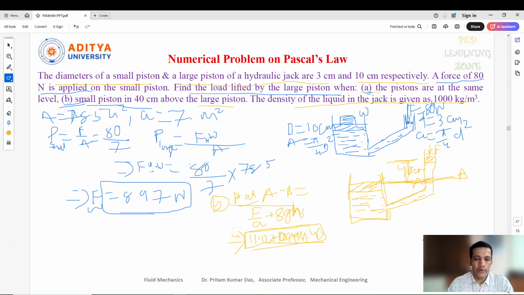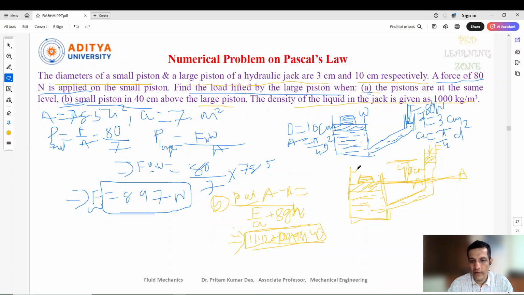Now we need to find out the load lifted by the large piston, that means due to this impact, how much load is going to be lifted here. Initially at the same level, now there is a gap, some height was increased here, and due to this increased height, how much load is going to be lifted on this side.